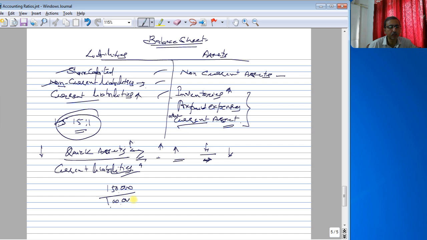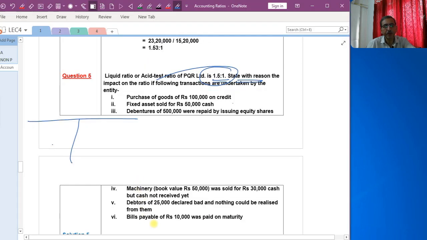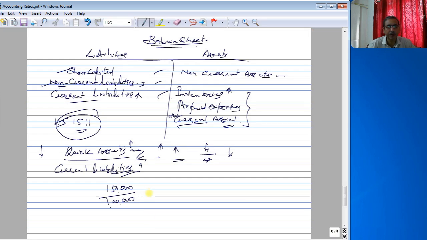Again I am saying these are purely imaginary numbers. You can take any other number, you can take 15,000 upon 10,000 also, but that will reduce this item to 0. So don't take this number; take this number so that after giving the impact of the transaction, you will have real numbers in your hand and can calculate easily.